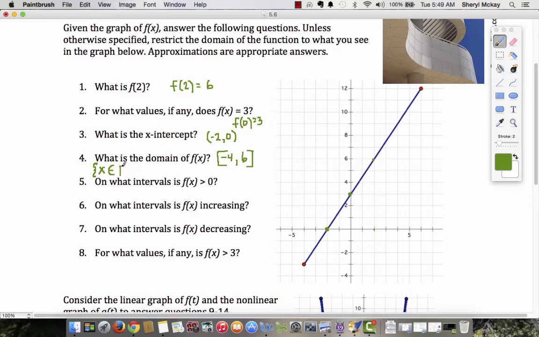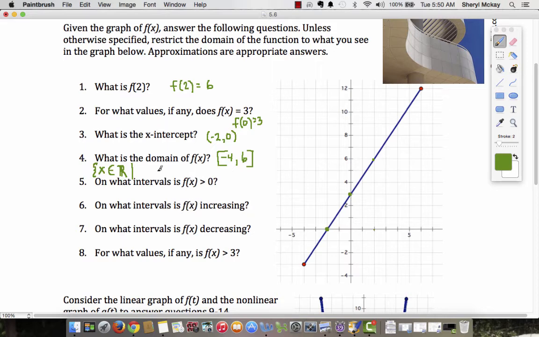It's real numbers, right? Because it's every single possible thing in between. So it's all the real numbers. All x is an element of the real numbers such that, and now we're going to say what are the defining factors, because it's not all real numbers. There's only certain parts of the real numbers.